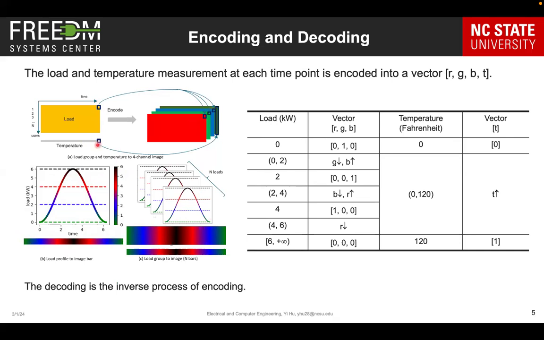Also, as I have mentioned before, the temperature is strongly correlated with the consumption level. So we encode the temperature as the 4th channel. By the end of the day, we transfer the node profile group together with temperature into a 4-channel image. The right table shows the value mapping method used in the encoding and decoding method.